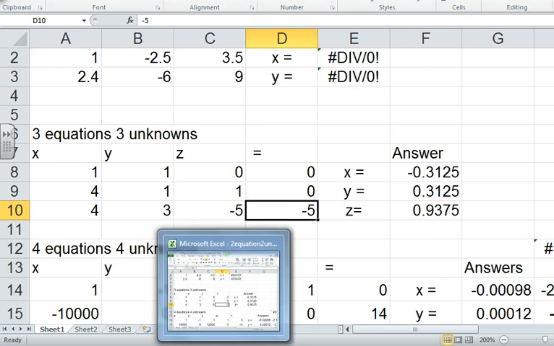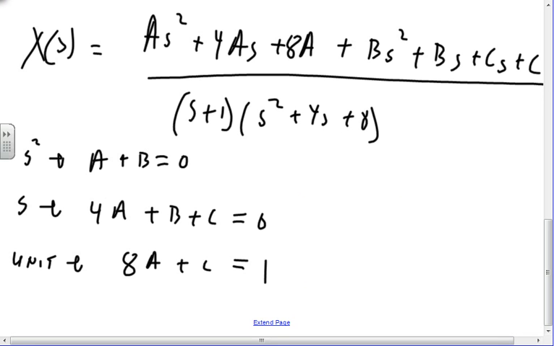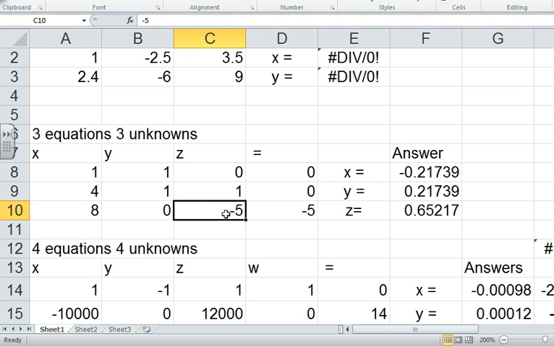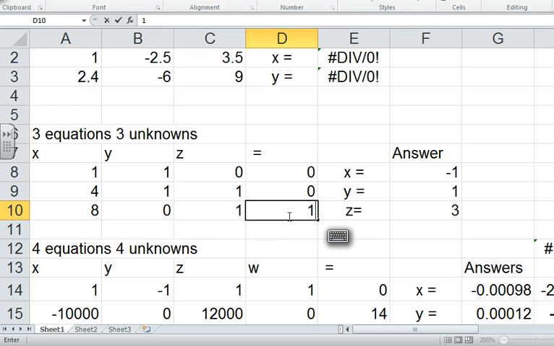And the last guy is 8, 0, 1, 1. Well, looks to me like the answers are 1/5, minus 1/5 and minus 3/5.